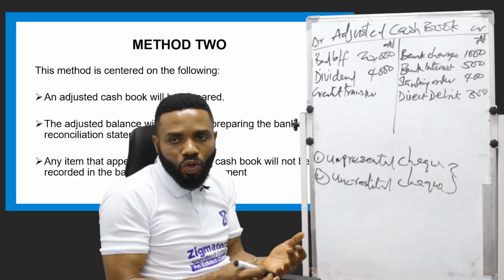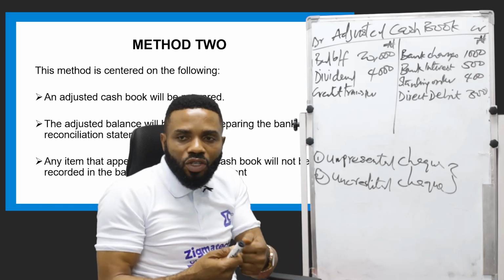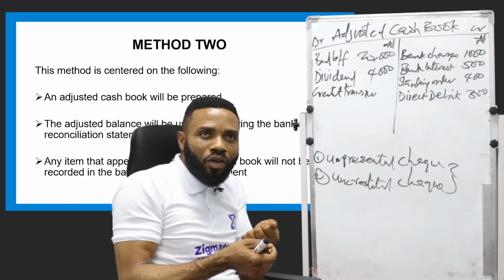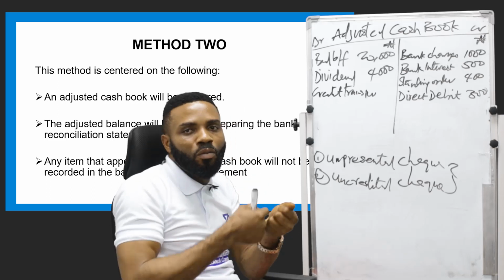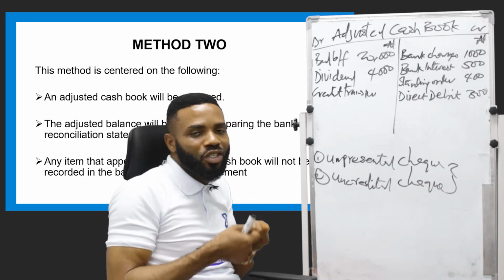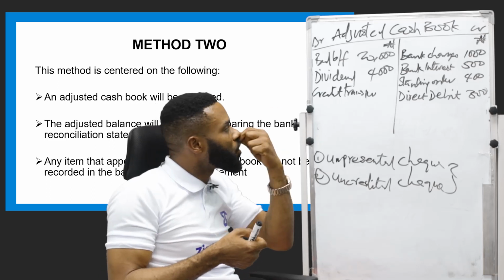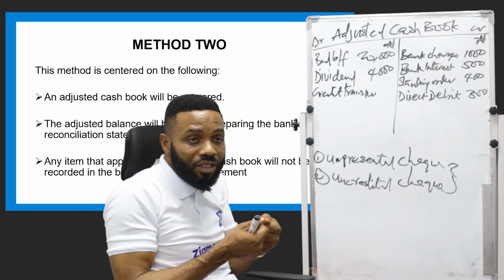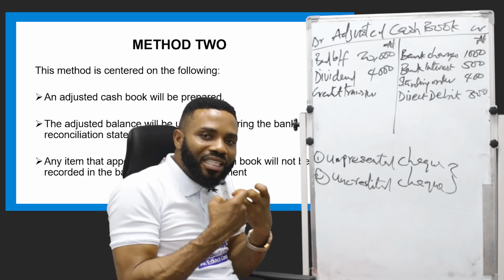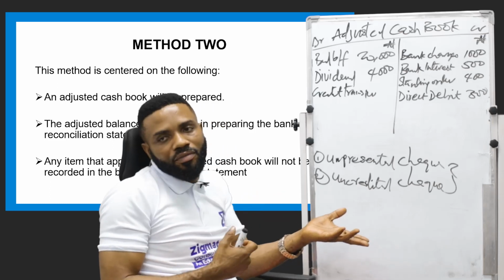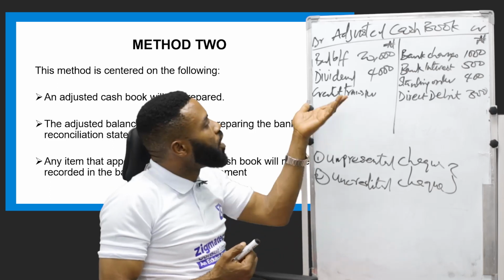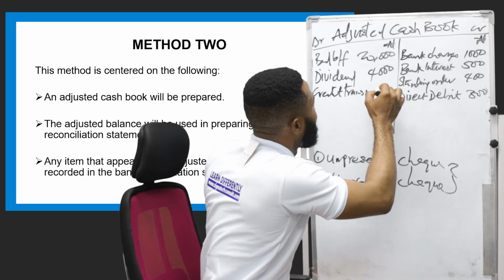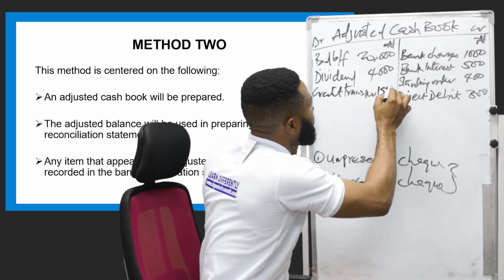You make transactions online, and then in the process you are supposed to be given an amount of money. That money is sent straight into your account. Once the money goes into your account, it will be added to your bank statement because it's automatic. If you have not received the alert, you may not know. So credit transfer is also added. Let's assume credit transfer is 1,500.